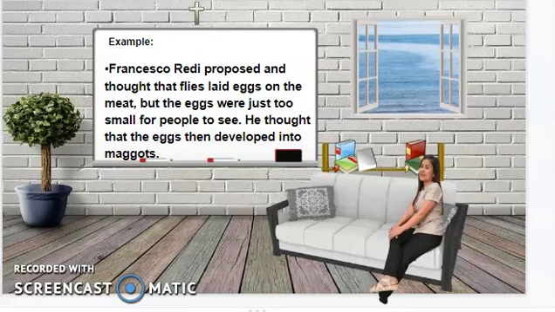Alright, so this is the hypothesis of Francesco Redi. So he proposed, or his hypothesis is, flies laid eggs on the meat, then the eggs developed into maggots.